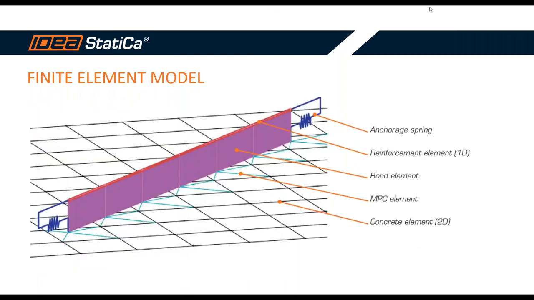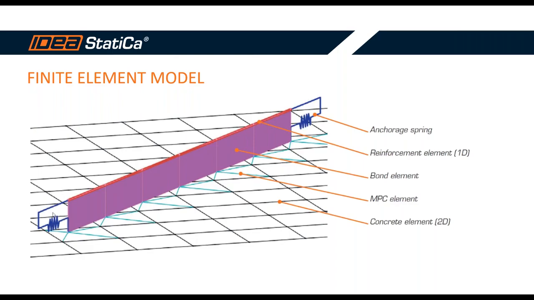As it was mentioned at the beginning of this webinar, the analysis is based on the finite element method. Here you can see the analytical model. The model consists of finite elements of concrete, 2D elements, which are interconnected via multi-point constraints, these blue-green lines, and special bond elements, this purple one, to the reinforcing bar.